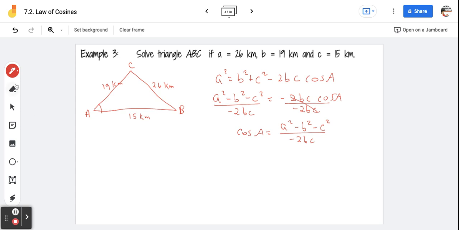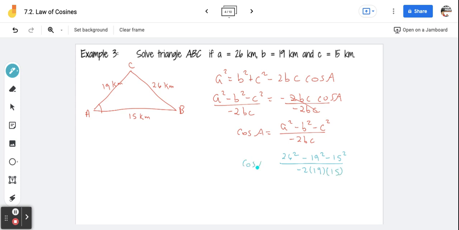All right, let's see what I know. I know everything but angle A that I need. So I've got side A is 26. So I'm going to start with 26 squared minus 19 squared minus 15 squared divided by negative 2 times 19 times 15.